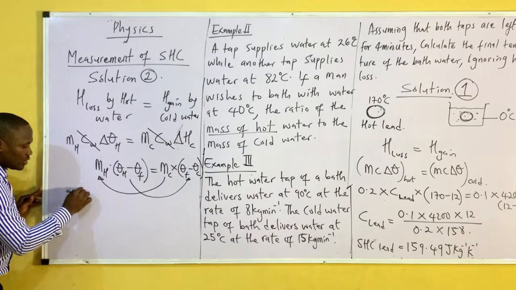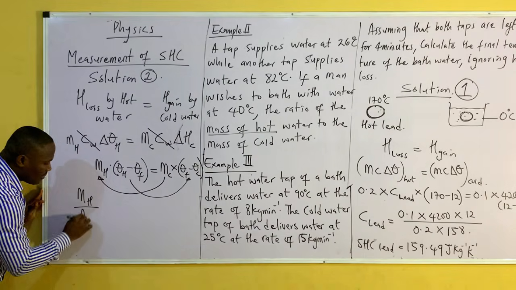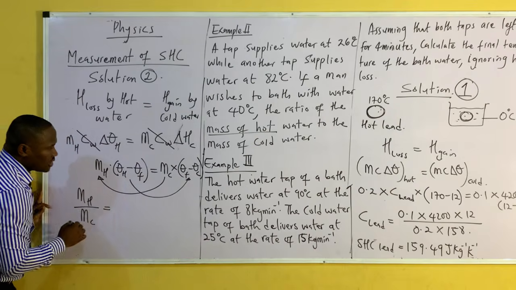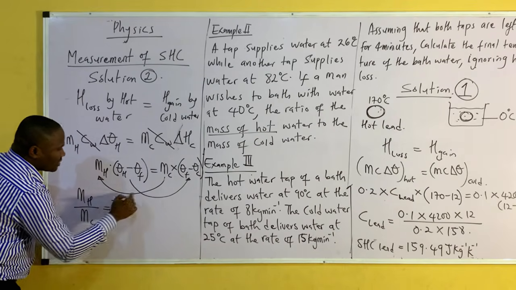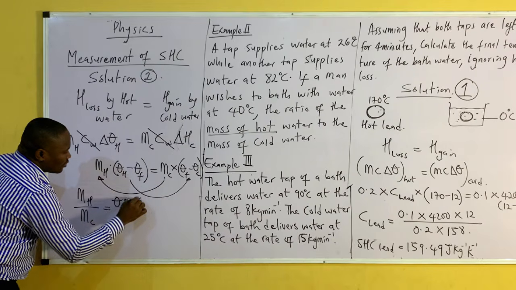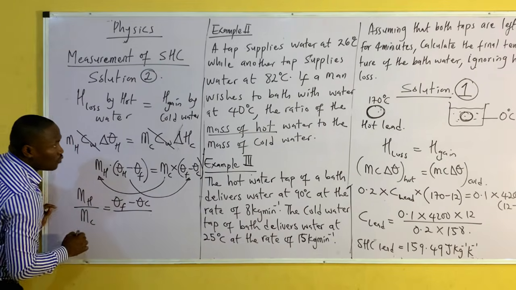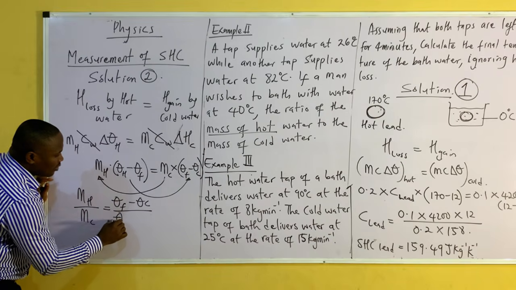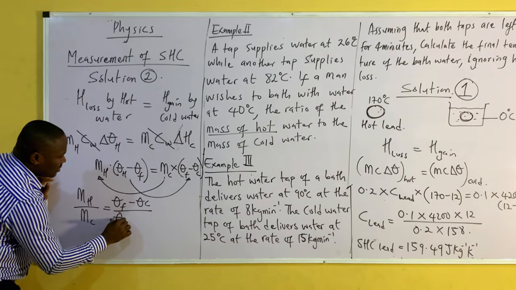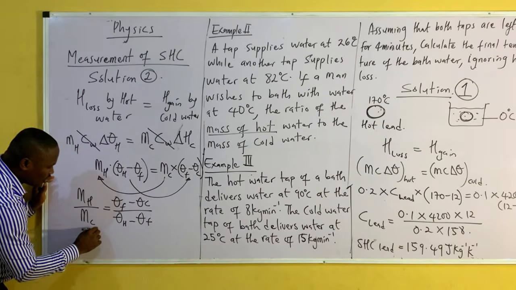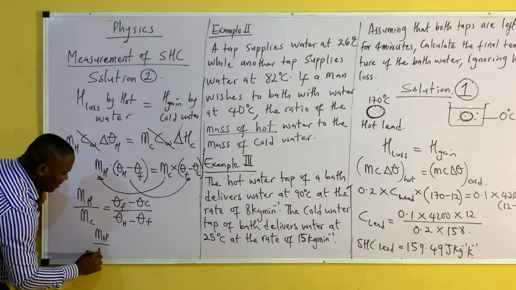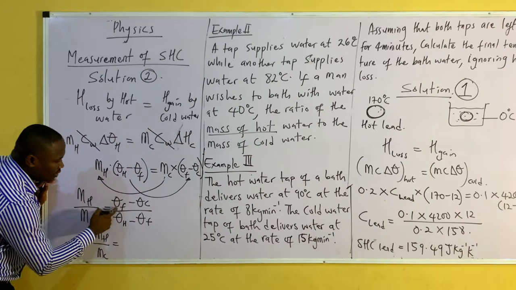So I have mass of hot over mass of cold is equal to theta final minus theta cold over theta hot minus theta final.